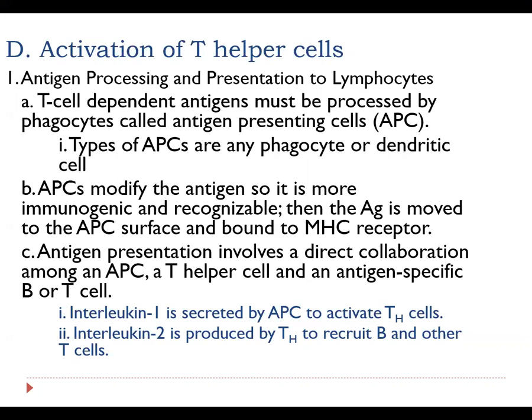After the activation of the T helper cell, it will then secrete interleukin-2 in order to produce or recruit B cells and other types of T cells. So other T helpers as well as T cytotoxic cells can be activated by this T helper now. Typically, this process is going to be utilizing a T helper type 2 cell.